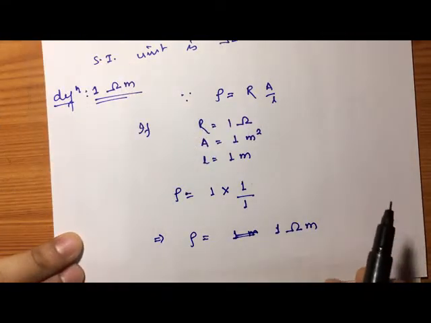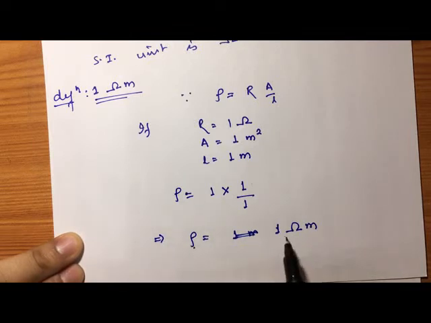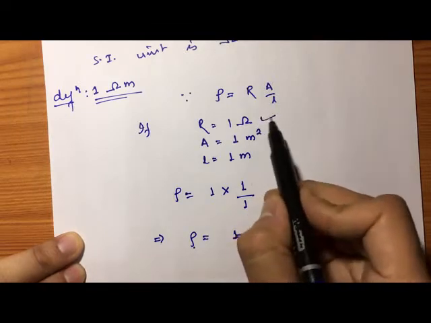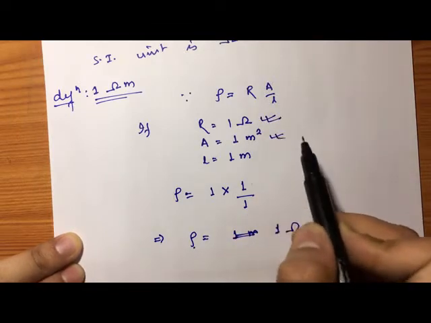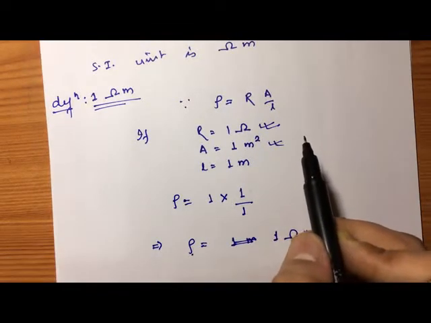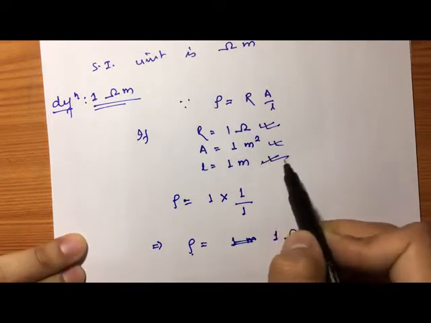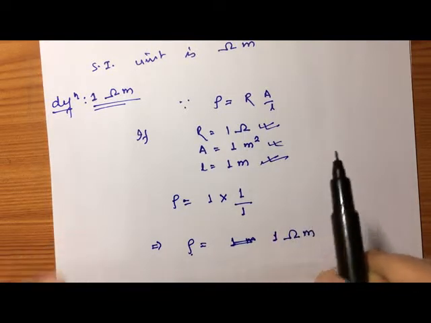So I can define my resistivity to be 1 ohm meter if a wire having 1 ohm resistance has 1 meter square cross sectional area and length 1 meter, okay?